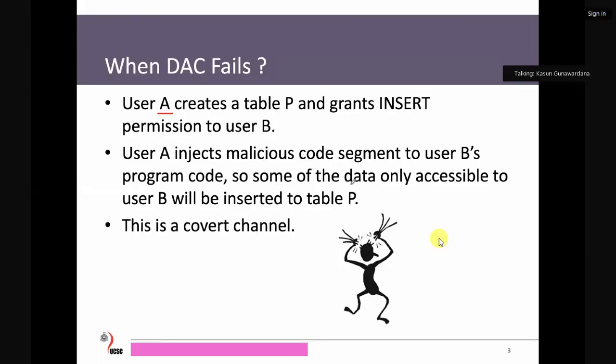So now this original data, which was only accessible to user B, is exposed to a user different from user B. This sort of approach is called a covert channel.